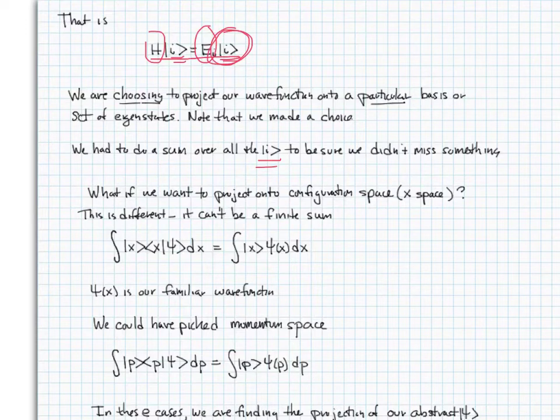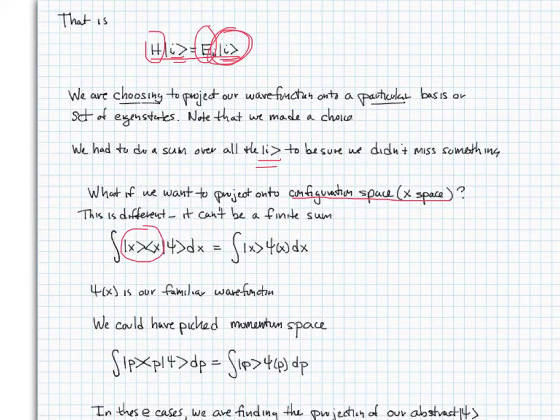Now, what if you wanted to do a projection onto X space, configuration space? It's a little different because it's not a finite sum, right? Any of the x's are allowed in principle. So instead of doing a sum over all of the states, we do an integral over all of the states.